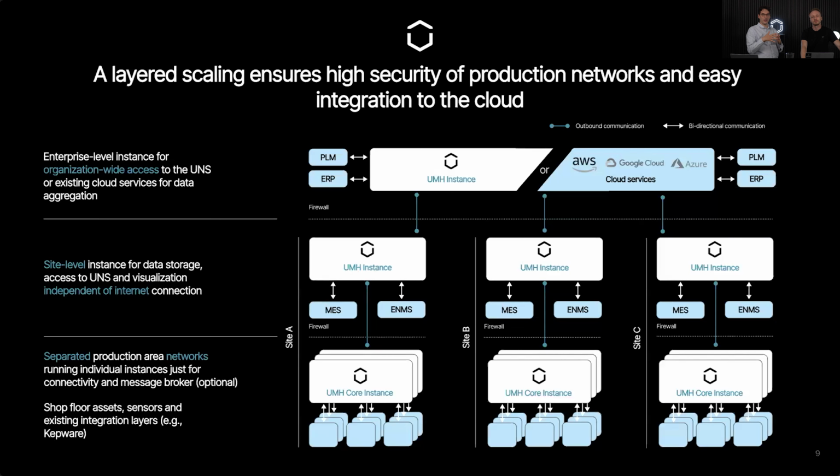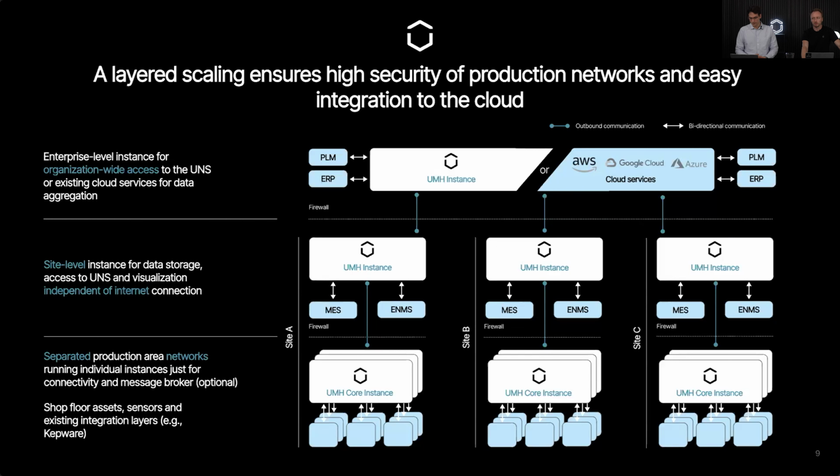So at some point, the architectures will meet again, and we will make sure that all migration paths are available and automated. So definitely we will not neglect UMH Classic. But it's currently two products to extend the current offering, and from the architecture perspective, they will migrate into each other over the next months.